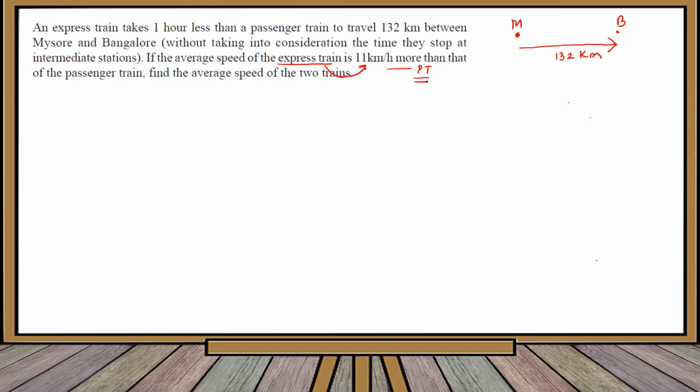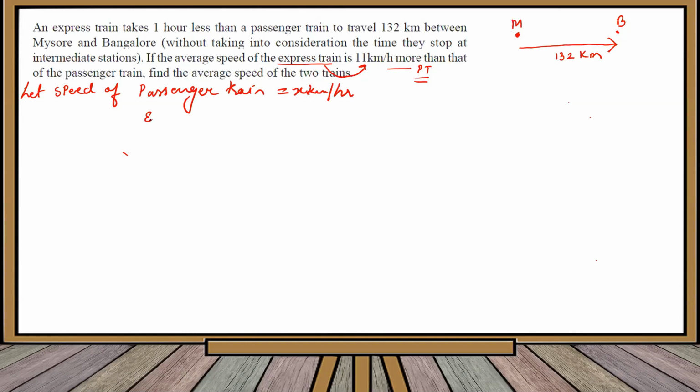First of all, let the speed of the passenger train be equal to x kilometers per hour. If the speed of the passenger train is x kilometers per hour, the express train is faster than the passenger train.